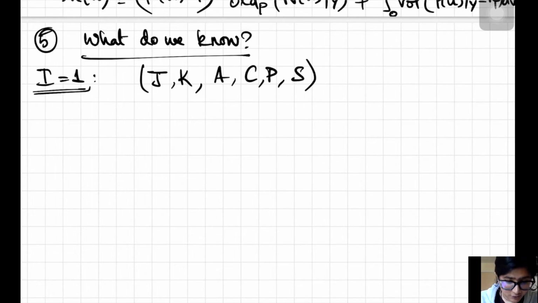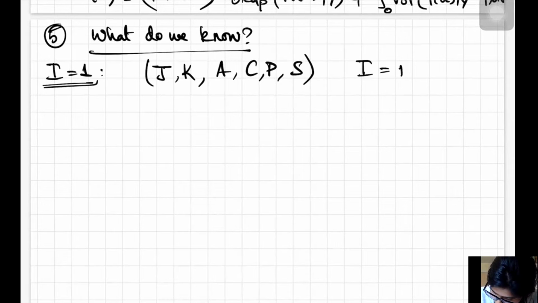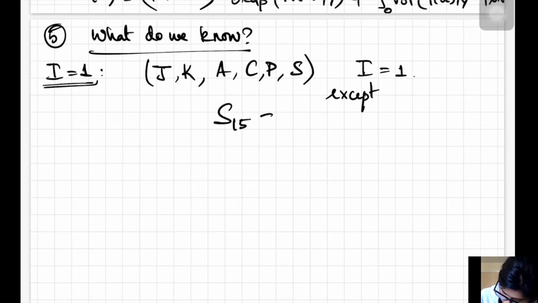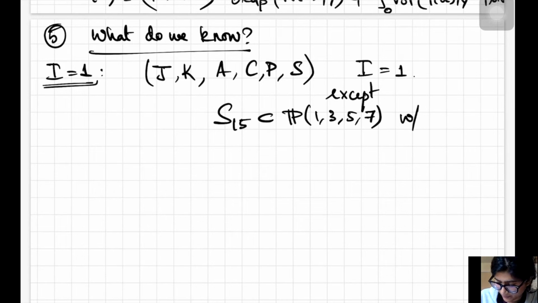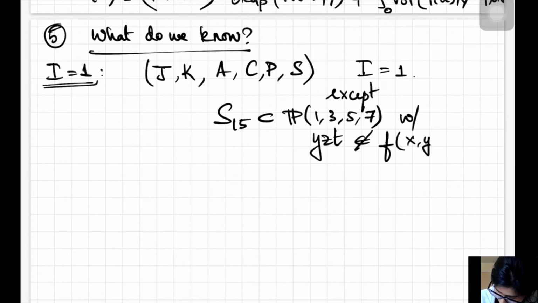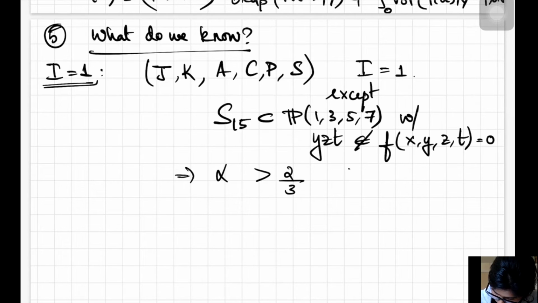Because of the work of all of these people, we have that for i equals 1, except in the case of one particular hypersurface with a very specific restriction, with the monomial yzt not being in the polynomial that defines your S, they proved that alpha was greater than 2/3, and therefore that there exists a Kähler-Einstein metric.